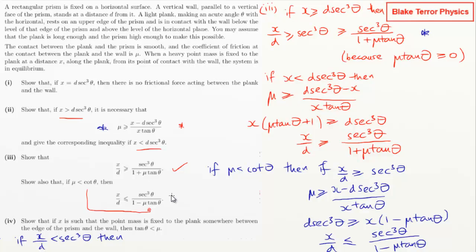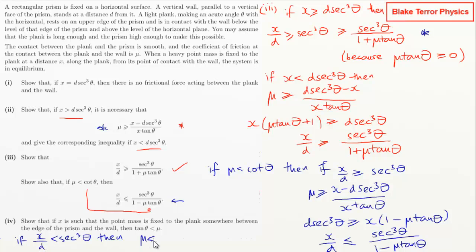Yeah, it's got to be, because this thing here, mu is less than cot theta. Is this definitely going to work out? Yeah, if mu is less than cot theta, then we've got some number here that is going to work out fine.